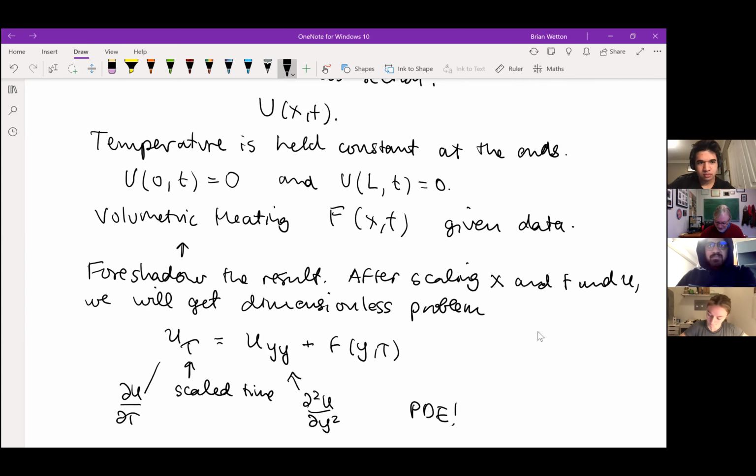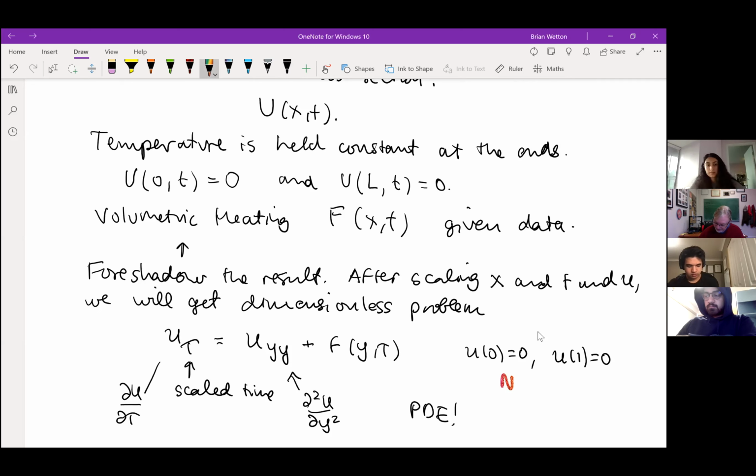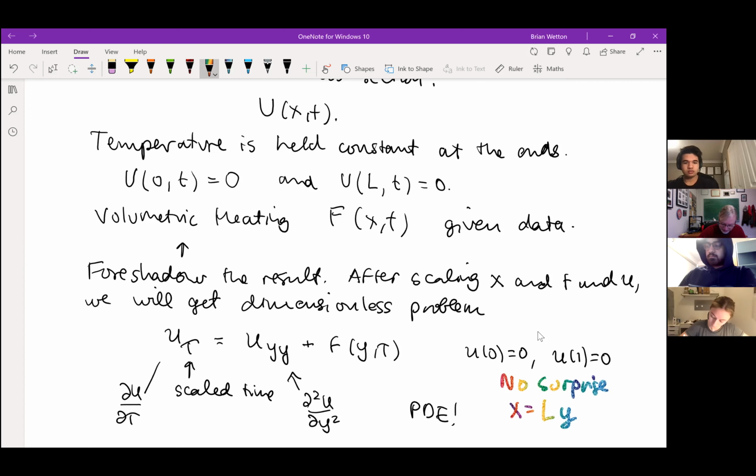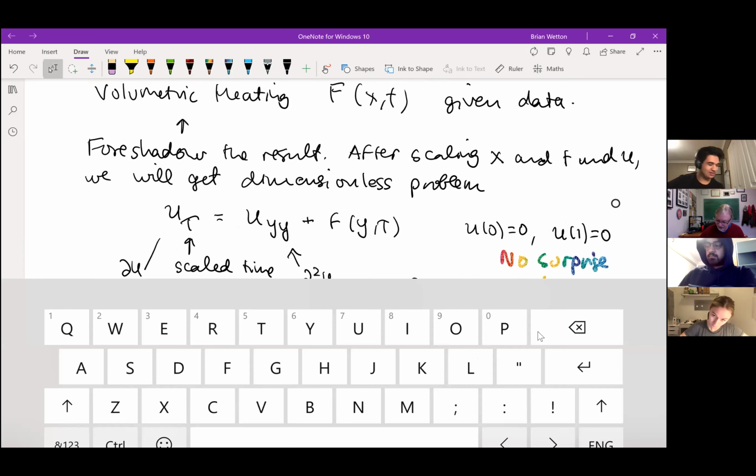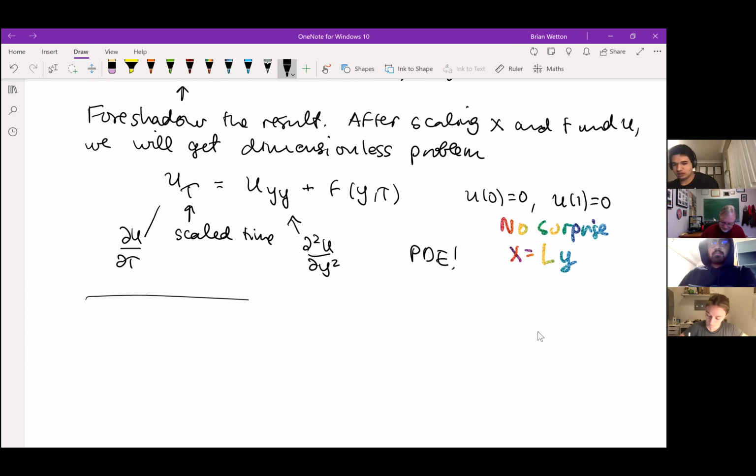No surprise, I can tell you already that x will be L times the dimensionless variable. Oh, look at that rainbow pen. Oh, I like that. Okay, so that's what's going to happen.